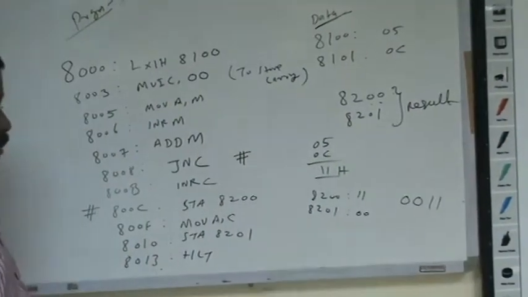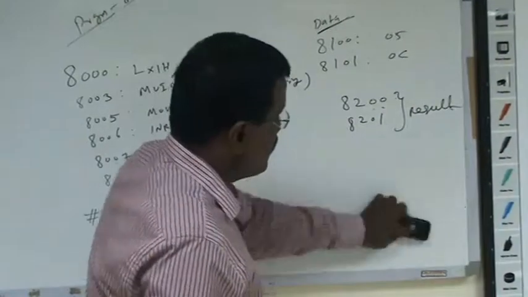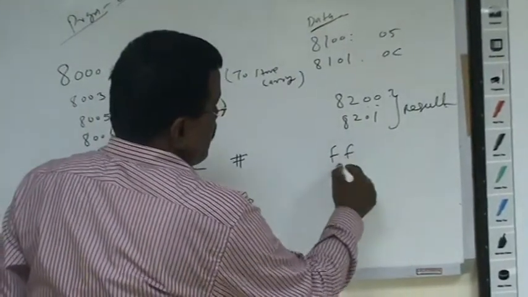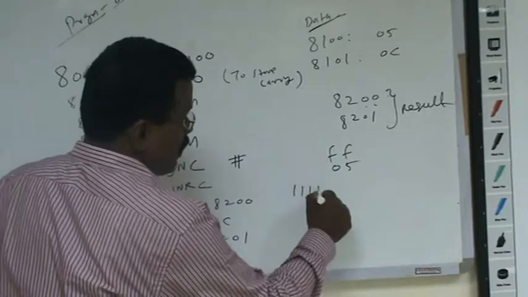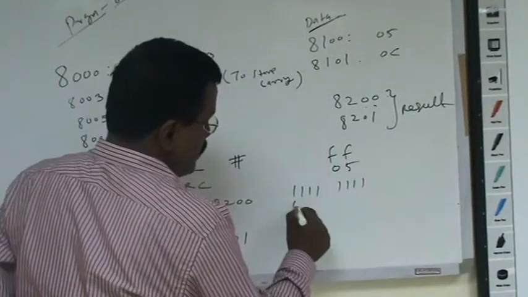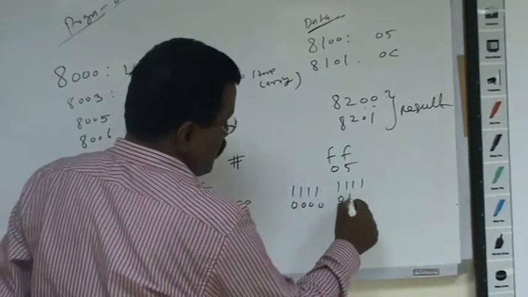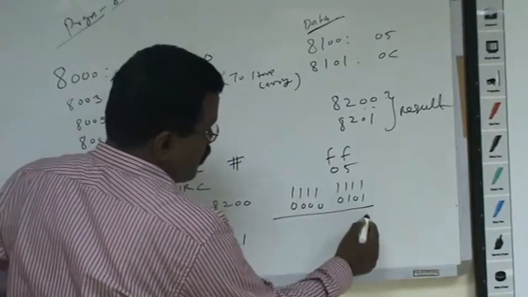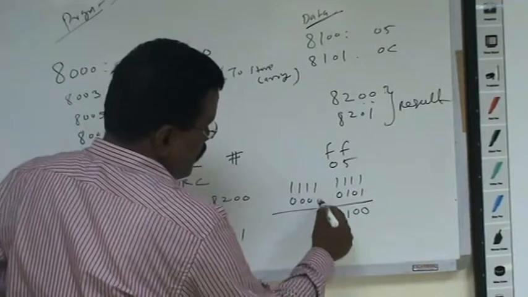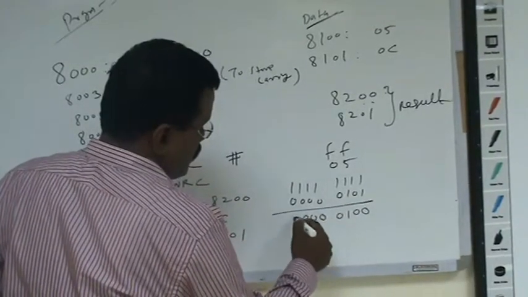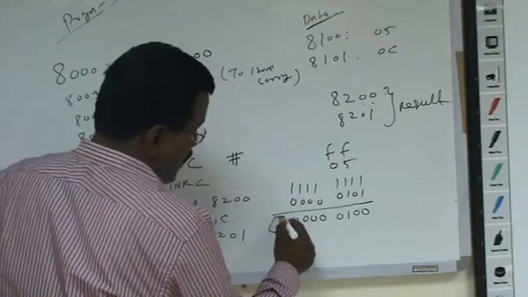Nothing is wrong. But if the data is like this, FF and 05, you add these two data: 1111 1111 and 0000 0101. If you add it, you have a carry.